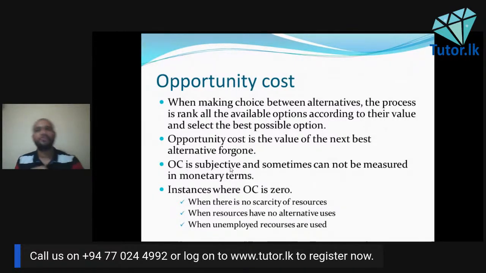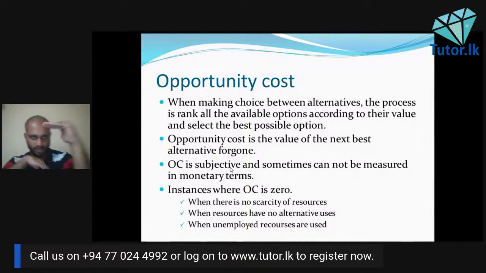So let's say you have four alternatives. After you are done with the ranking, you are selecting the first one. Then there is always a second option there, and third and fourth, right? So the opportunity cost is the value of the next best alternative foregone.